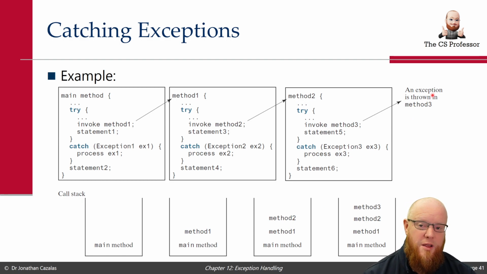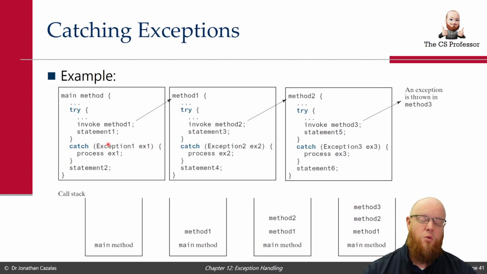So we're going to say, what if method 3 throws an exception of type exception 3, which means it would get handled here? Or what if it throws an exception of type exception 2, which means it's going to come to here but ultimately roll back to here? Or what if it throws an exception of type exception 1? We're going to show you how it has to come all the way back.